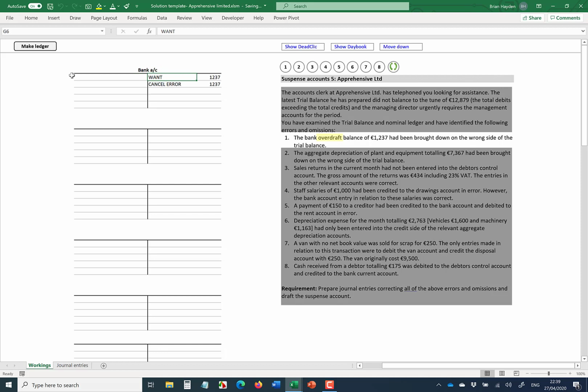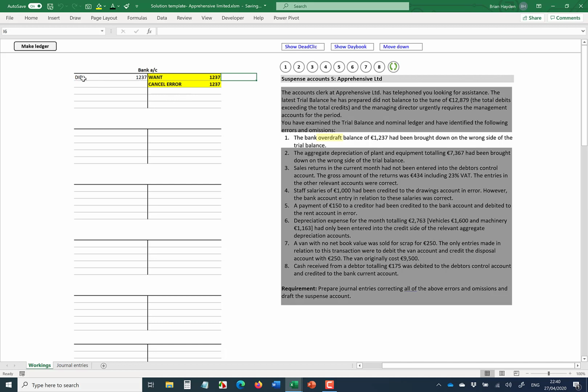So an overdraft is money owed to the bank, it's a liability. So the bank account should have been shown on the credit side. What we did was we put it on the wrong side. So I'll just show: we put 1,237 on the debit side, and in fact we want 1,237 on the credit side. So we have to both cancel the mistake and put in what we want. So I'm just going to highlight this. This is what we need to do to fix that mistake.